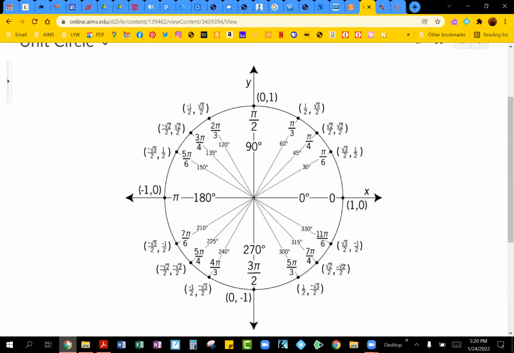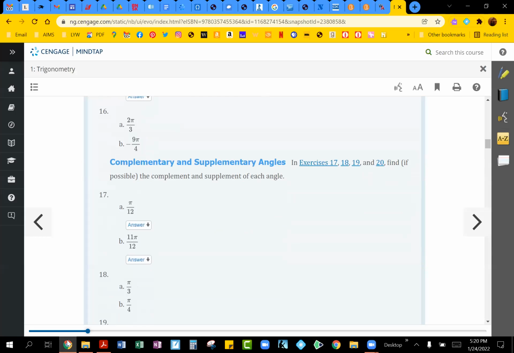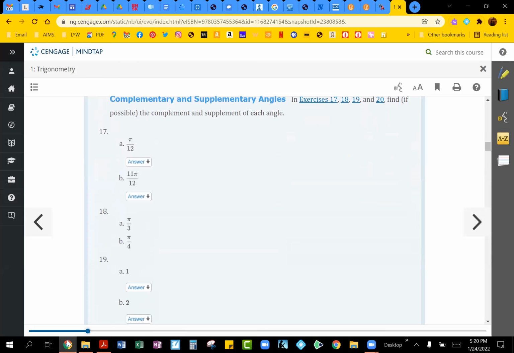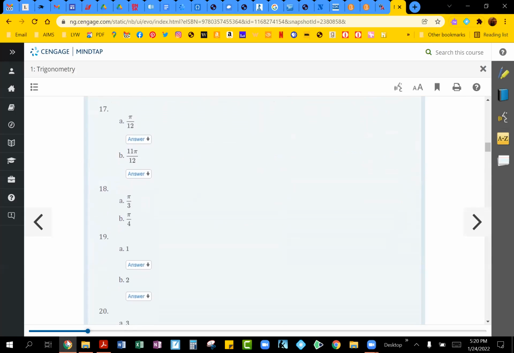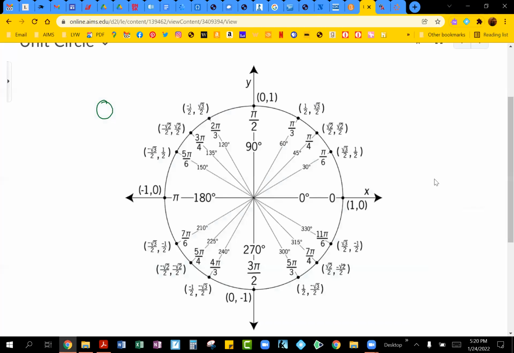So let's pick up an example here from our textbook again. And let's start with number 17 here. So you've got pi over 12. So, of course, that means you are doing 12 revolutions around your circle.